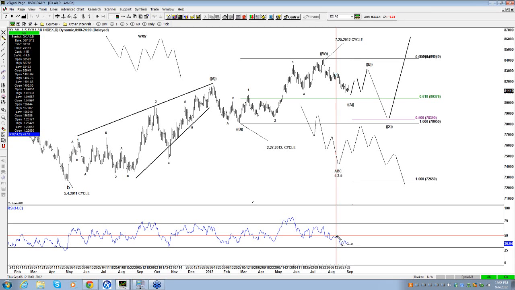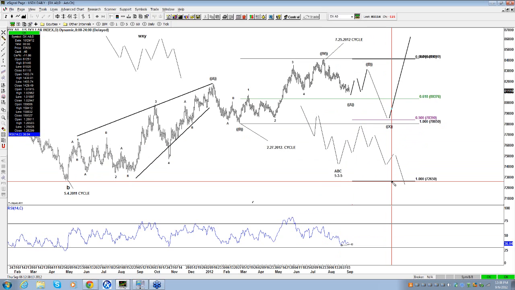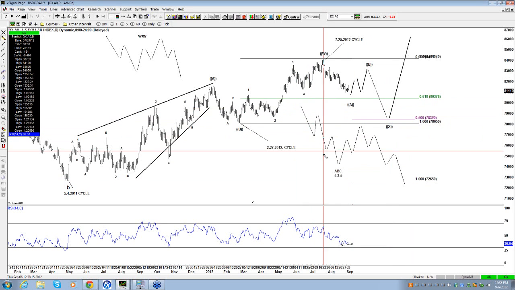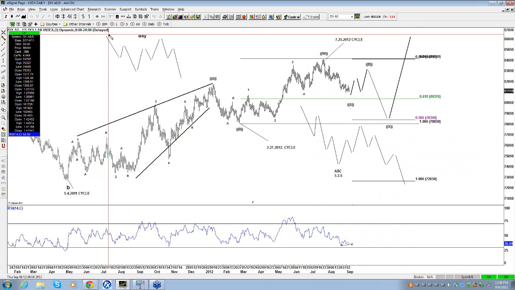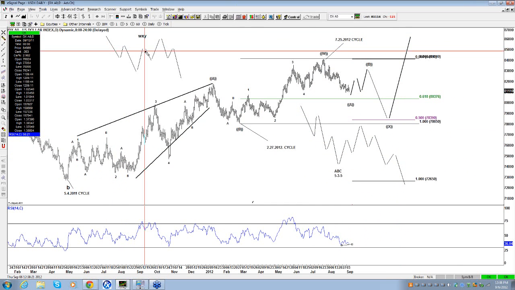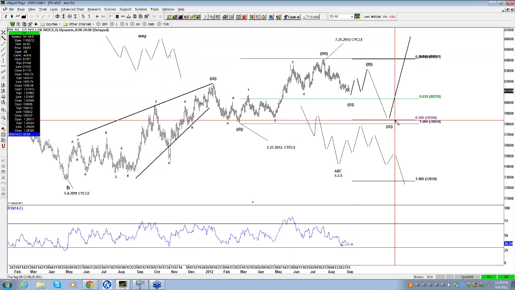You need to understand that. That gives you two paths: a simple A, B, C, or a double zigzag, ABC, ABC.